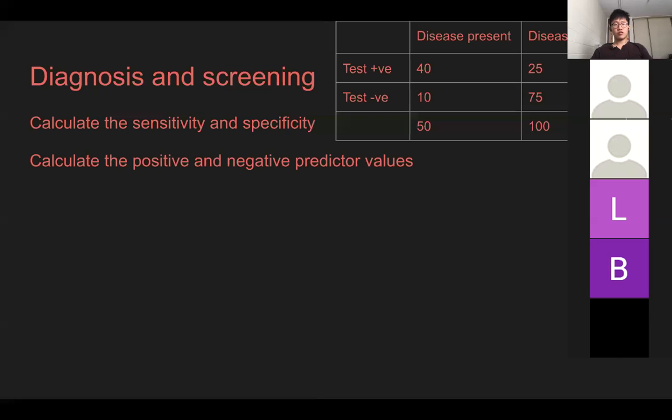So here we've got a few questions. First, we'll look to calculate the sensitivity and specificity. So just throw a few calculations in the chat for that, because I think this is important. I think I won't give you multiple choice for this one.